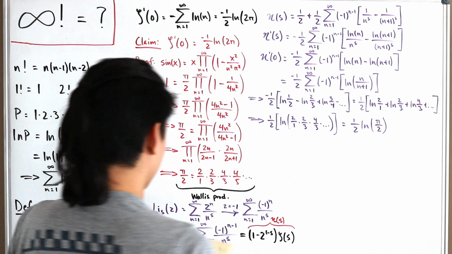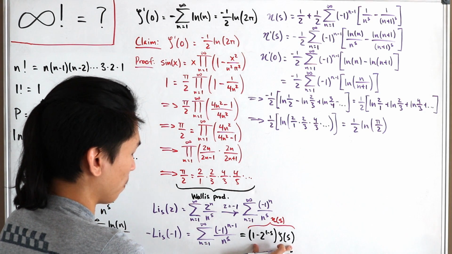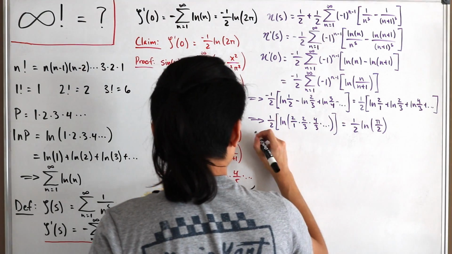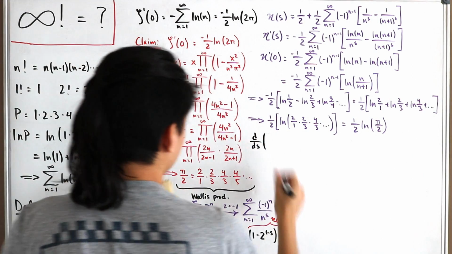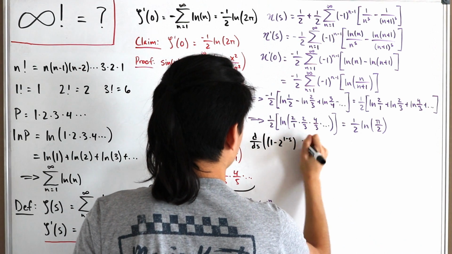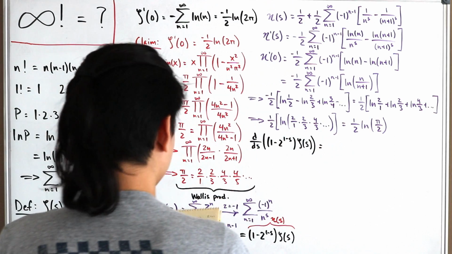So now let's actually take the derivative of our Dirichlet eta function in relation with the Riemann zeta function. So if we take the derivative, I'll write this as d over ds of the following here. This is 1 minus 2 to the power 1 minus s, times the Dirichlet eta of s. This is very simple, it's just the product rule.